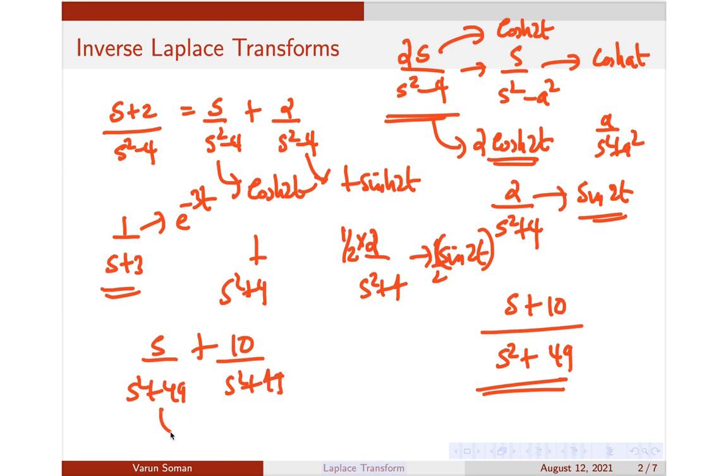So the inverse transform of this is basically cos 7t, and for the other one, if it was 7 by s square plus 49, you can simply write it as sine 7t, but 7 is not there, so we'll supply a 7 there and divide by 7. So if you write it as 7 into 1 by 7, you can take 10 by 7 outside and you will get it back.